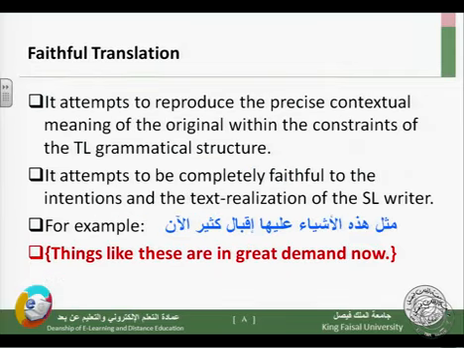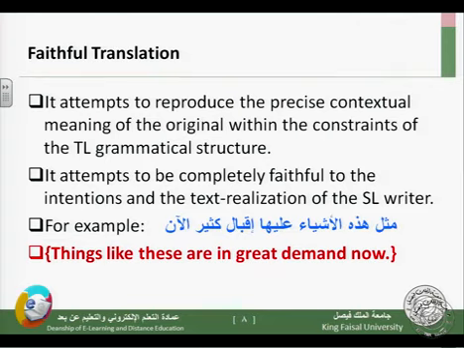Now, if you move a bit higher than the literal, faithful translation. Now, what does faithful translation mean? It means to reproduce the precise contextual meaning of the original within the constraints of the target language grammatical structure. It means to be completely faithful to what?